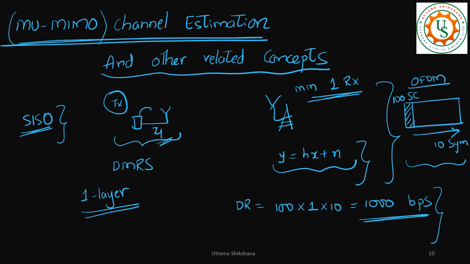Now let's consider the scenario where we have two UVs and the base station, also just one. The first UV and second UV both have one antenna and both are dealing with one layer. If we want to support multiple UVs from this base station, how would we allocate the resources?